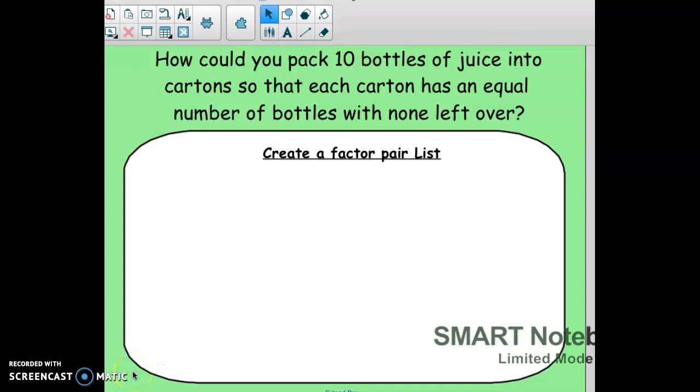How could you pack 10 bottles of juice into cartons so that each carton has an equal number of bottles with none left over? The first thing I'd like you to do is create a factor pair list. On your paper, try to write down the factor pairs that you can multiply together to get to 10, your target number.